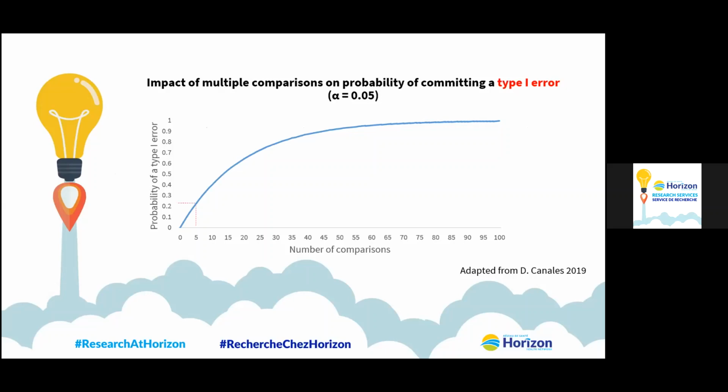If you were to have 5 comparisons in your data, your probability of committing at least one type 1 error with an alpha level of 0.05 is over 20%. As we move up to 15 comparisons, the probability of at least one type 1 error is now over 50%. And as the number of comparisons increases, the probability of at least one type 1 error approaches 100%. At 50 comparisons, we're over 90% chance of committing at least one type 1 error with the data.